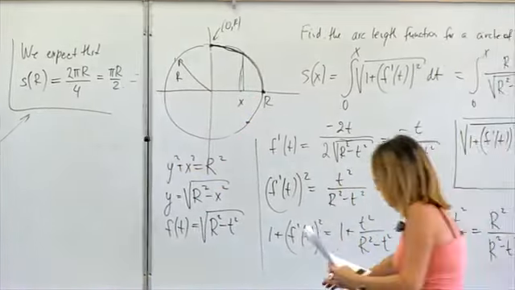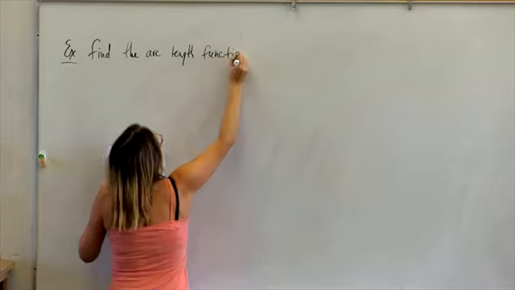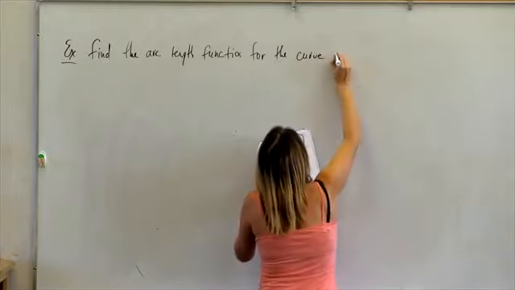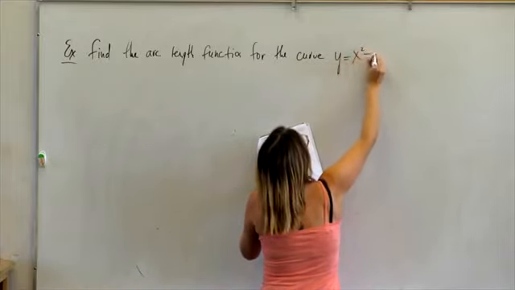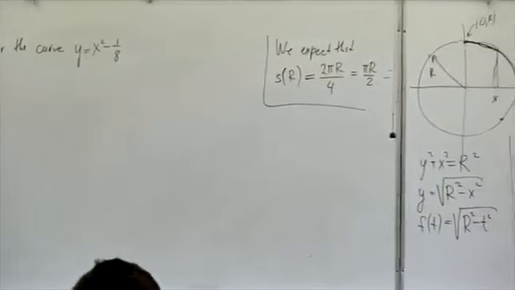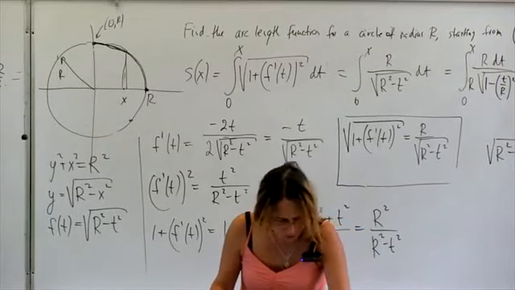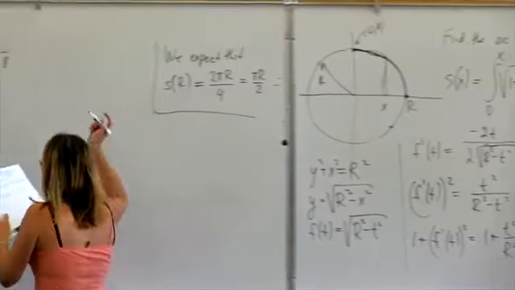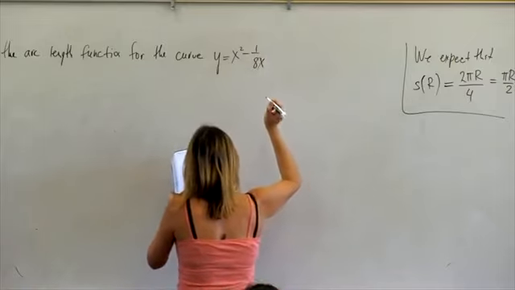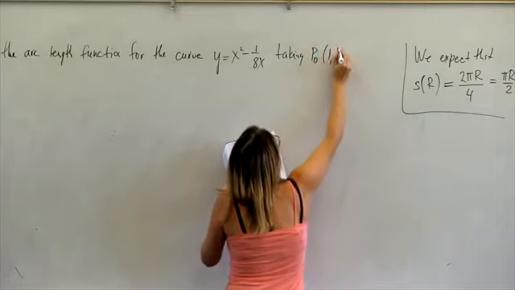Find the arc length function for the curve y equals x squared minus log x, all over 8, taking P naught 1, 1.